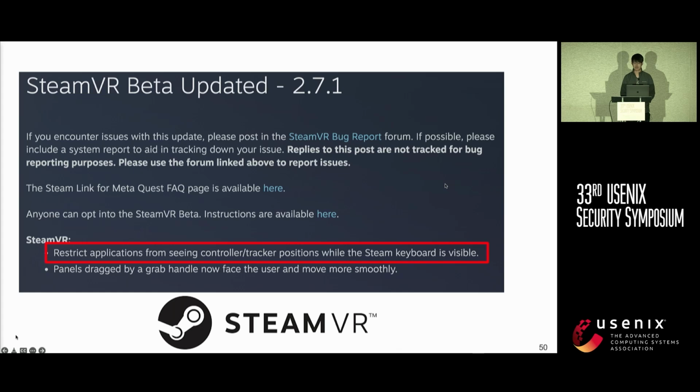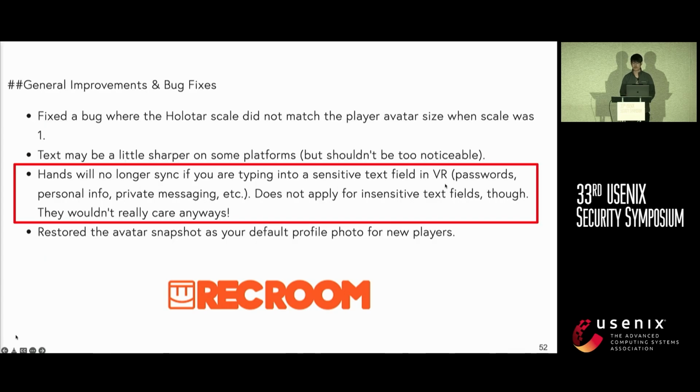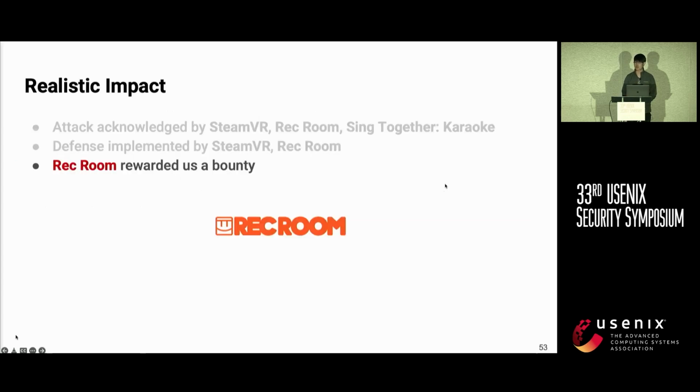You can find this update in SteamVR beta 2.7.1. Rec Room has also implemented a similar defense to stop sharing sensitive typing movement, and you can find this in their latest release note. Moreover, Rec Room has also rewarded us a bounty for our report.